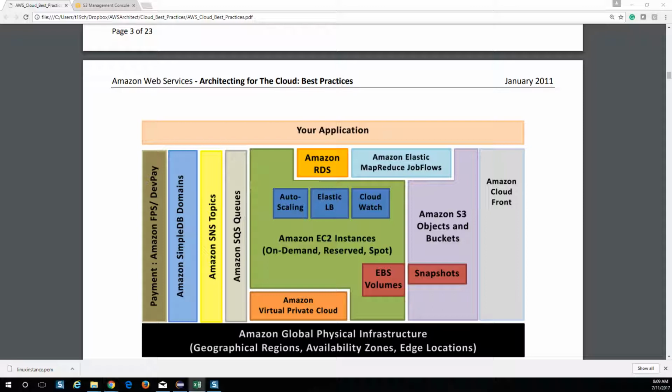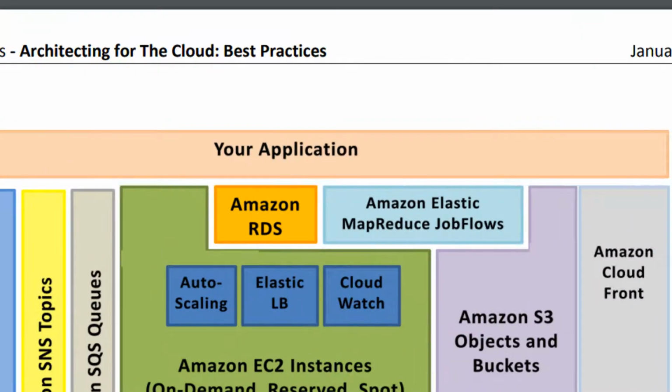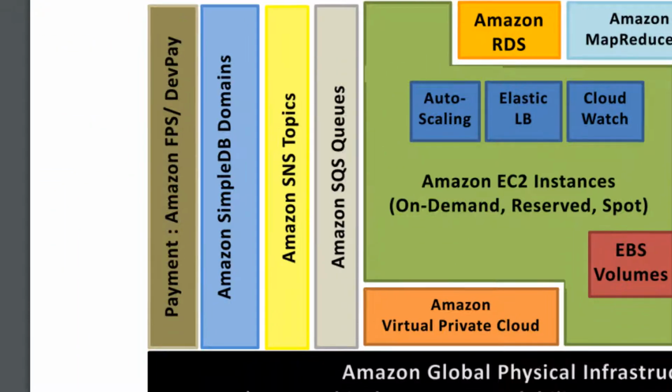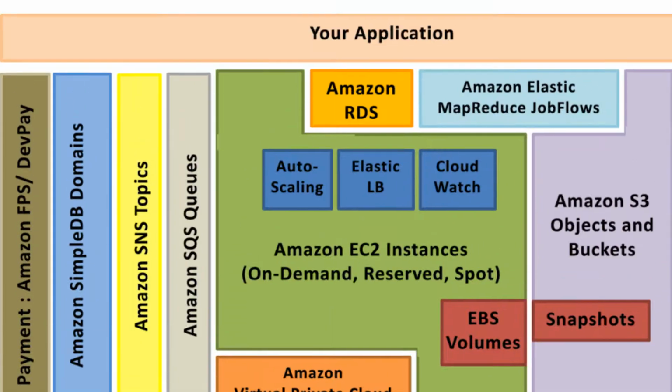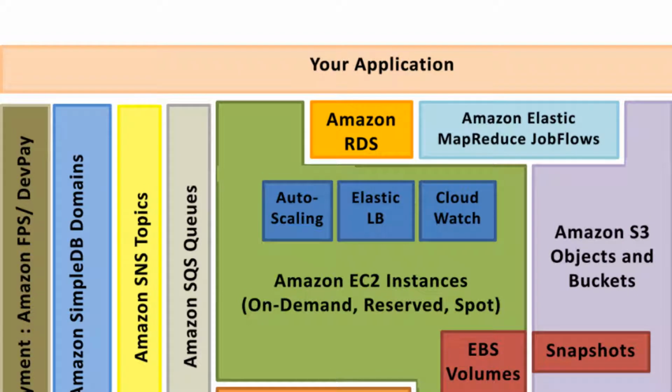So when you take a look at this example, you can see multiple things, right? If you just pay attention, this is your application, and this entire thing is the cloud infrastructure. So you are using the RDS for the database part. You are using the EC2 instances with the auto scaling, elastic load balancer, and the CloudWatch.